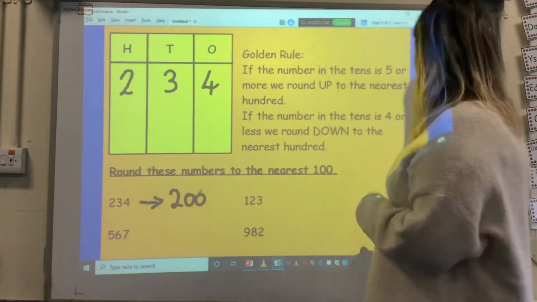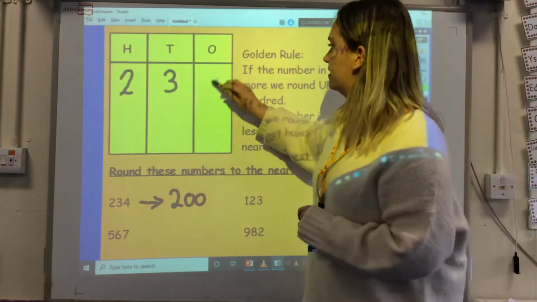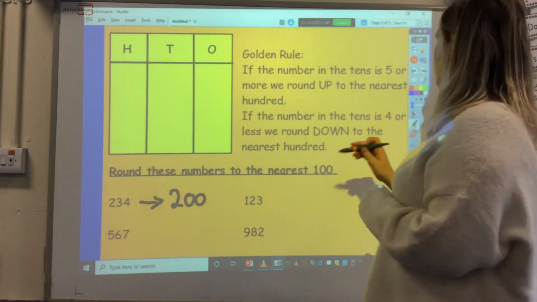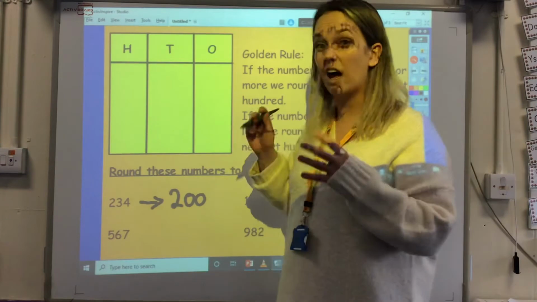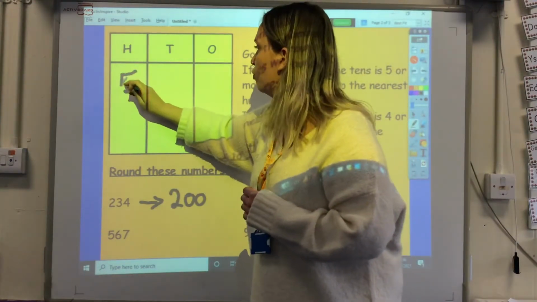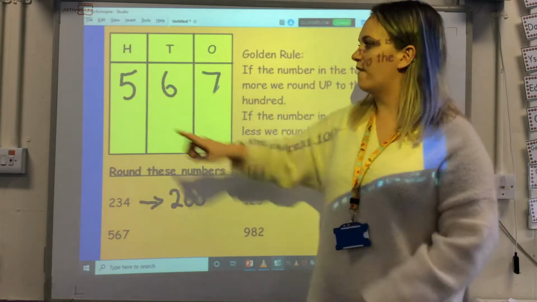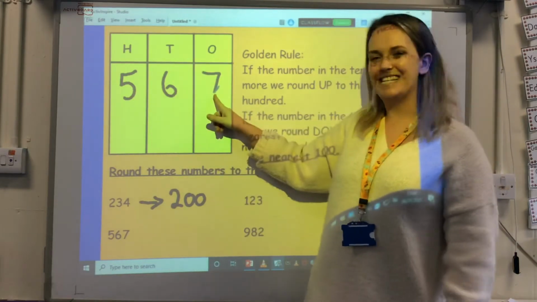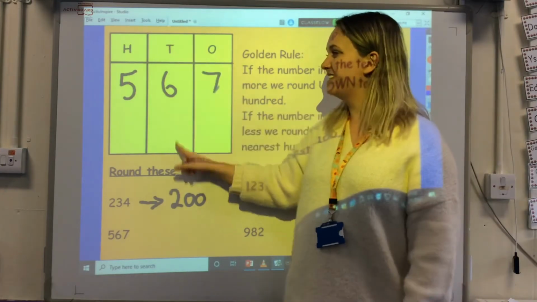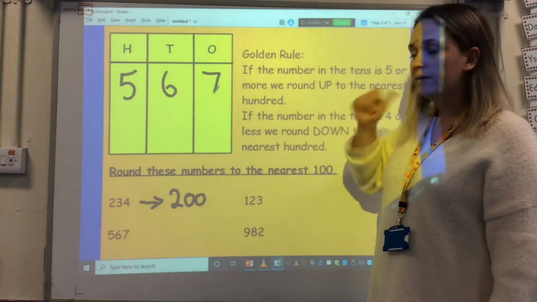Our next number is 567. So I'll write that again in my place value column. This is something that you can do at home during this task if you think it would be helpful. Draw yourself a place value grid. So this time we've got 567. Don't need to worry about our ones number. Our tens number is 6, so which of our golden rules do we need to use?